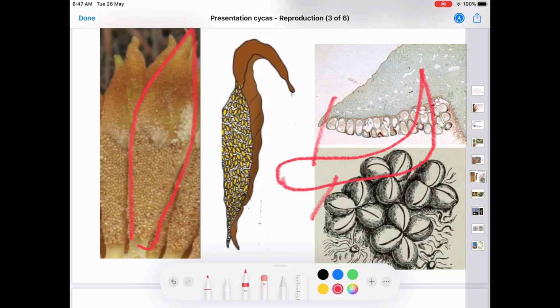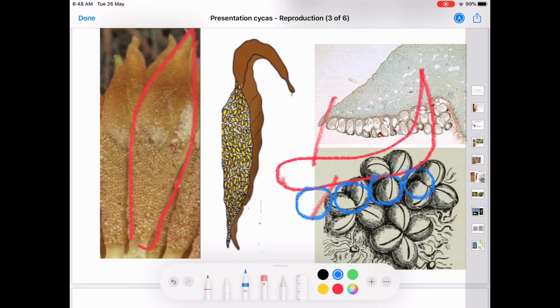The male spores are produced inside the sporangia. And the sporangia in turn are developed on the abaxial surface of the microsporophyll. That is, the sporangia will be produced on the abaxial surface, that is the lower surface of the microsporophylls.